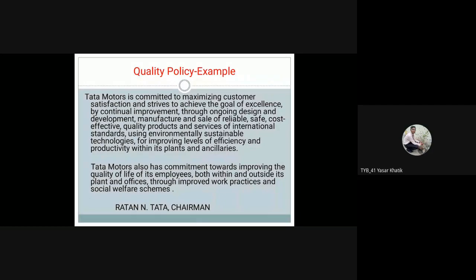As we can take the example of our current market, there are a lot of different competitor companies to Tata Motors: Mahindra, then different top companies like Toyota.